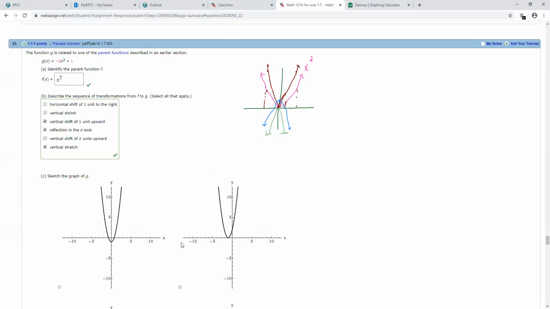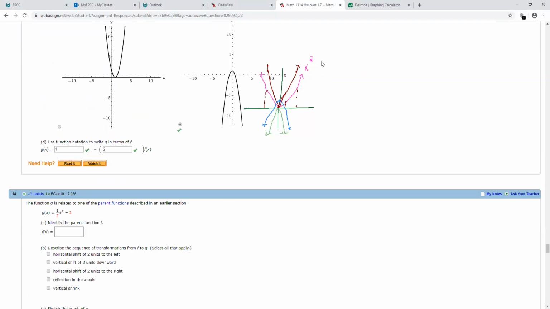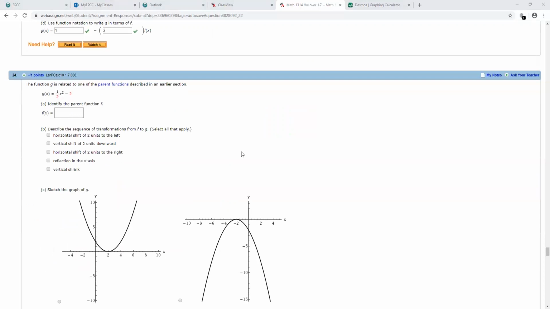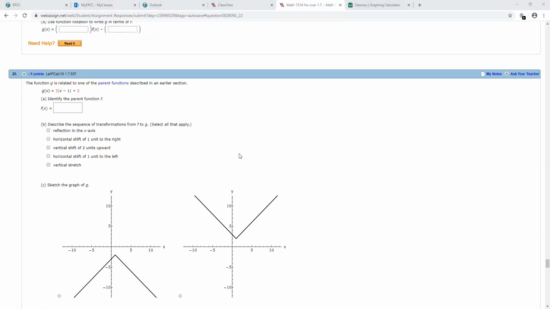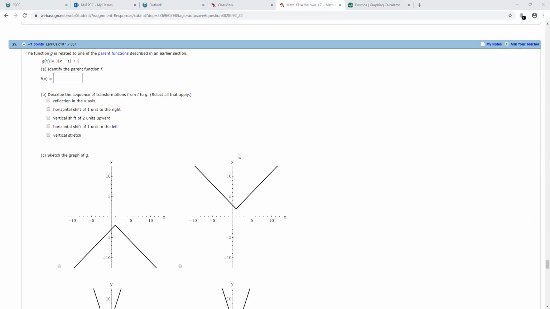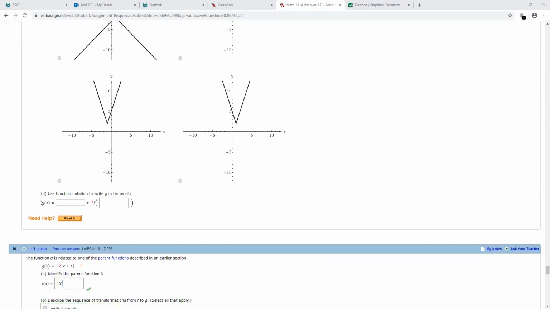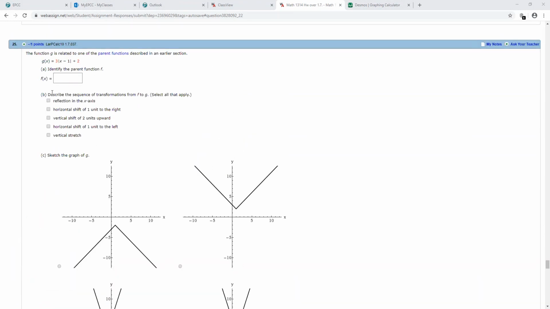What I want to do now is, besides clear this, let's see if we can even go faster yet. Griselda, so what's the parent function for this one?